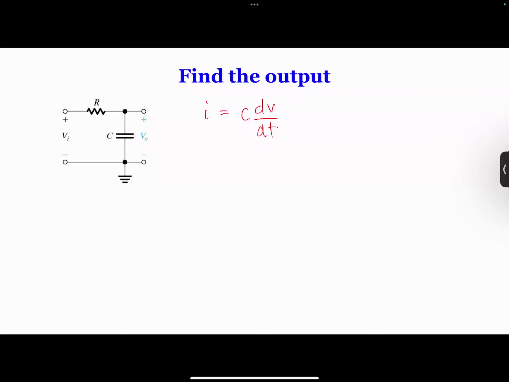If you connect the voltage source directly to a capacitor, the voltage is changing from 0 to a certain voltage in 0 time. So dV over dt is infinity, and your I is infinity. So your circuit is going to blow up. So never connect a capacitor directly to a voltage source.